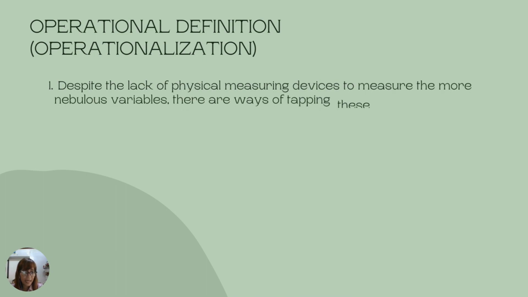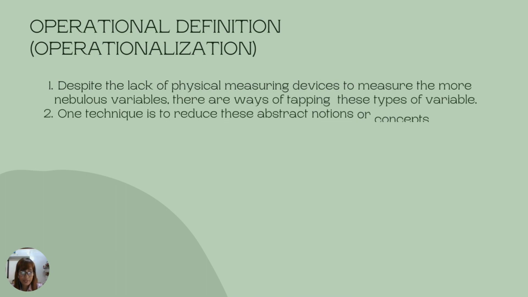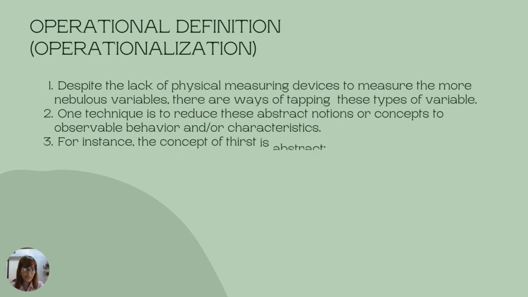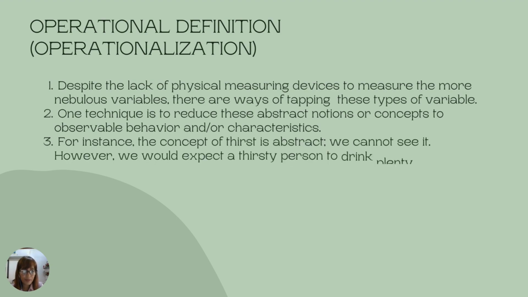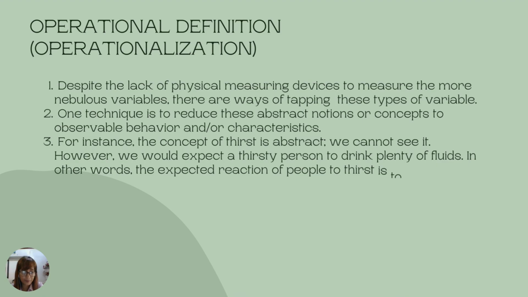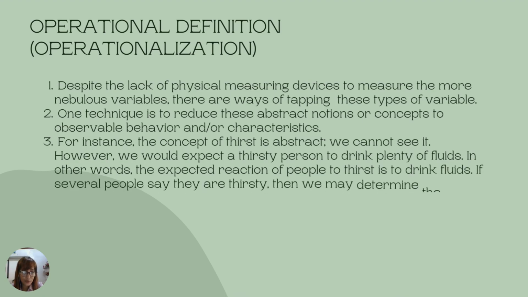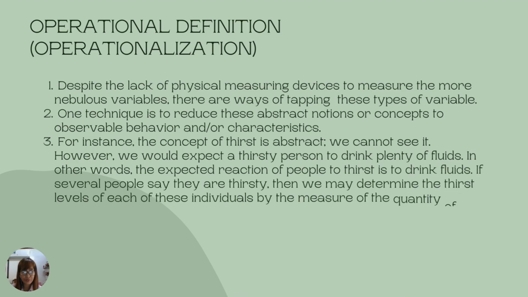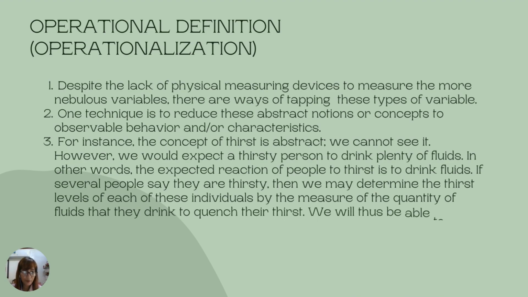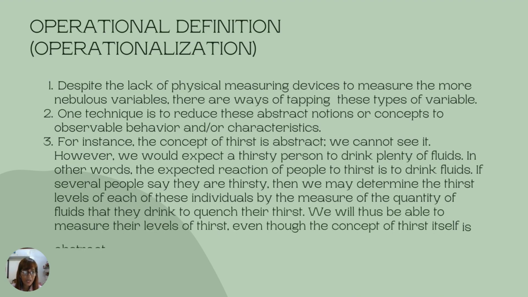First, despite the lack of physical measuring devices to measure the more nebulous variables, there are ways of tapping these types of variables. One technique is to reduce these abstract notions or concepts to observable behavior and characteristics. For instance, the concept of thirst is abstract. We cannot see it. However, we would expect a thirsty person to drink plenty of fluids.